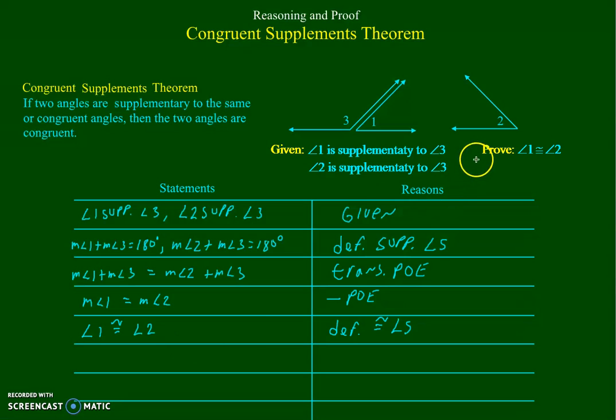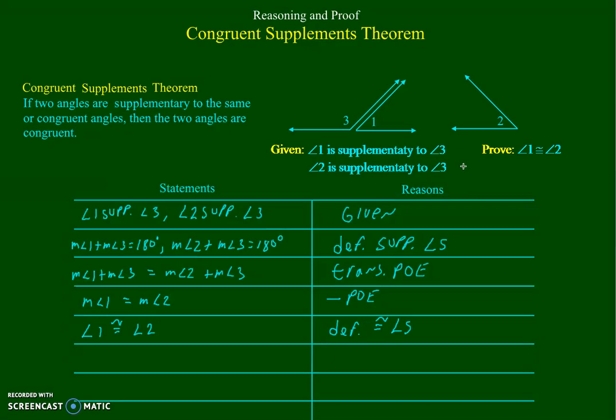And we've got our proof of the congruent supplements theorem. Now, all these theorems that we've proven so far are now valid to be used to prove other things. And you're going to see that these are going to be very, very valuable as we move forward.